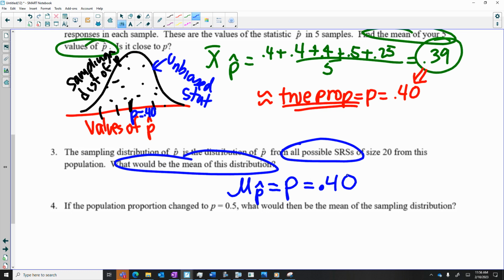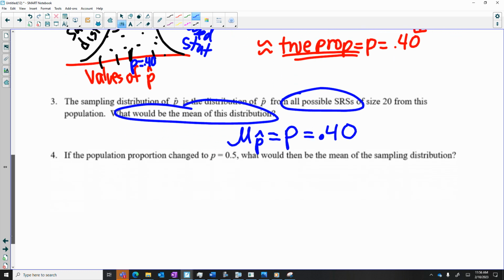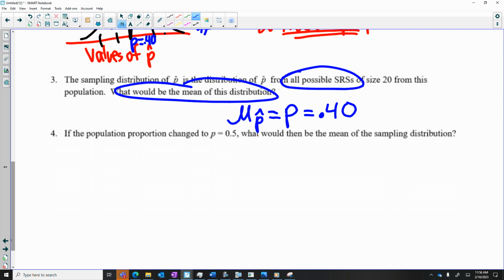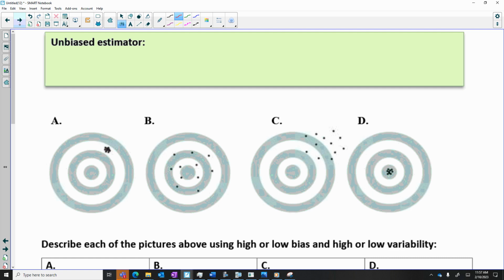Okay, so you could skip this part down below, but here is the main concept of this video. If the mean of all the sample statistics is centered at the true value, this is called an unbiased statistic. So on the next page, it says unbiased estimator. Another name for an estimator is a statistic.